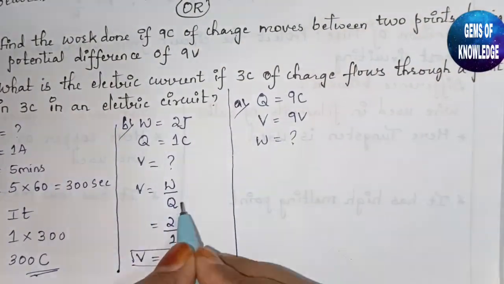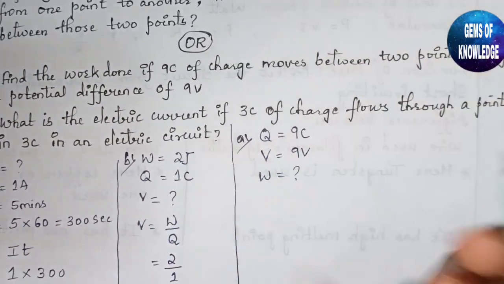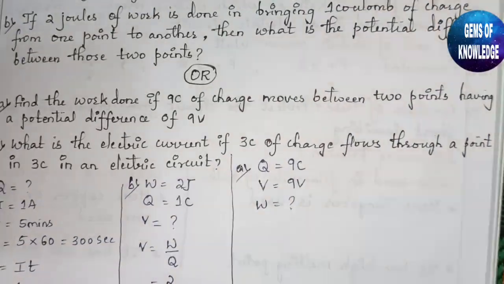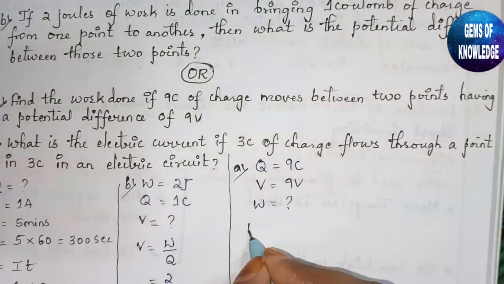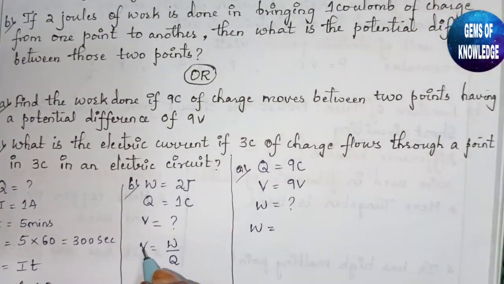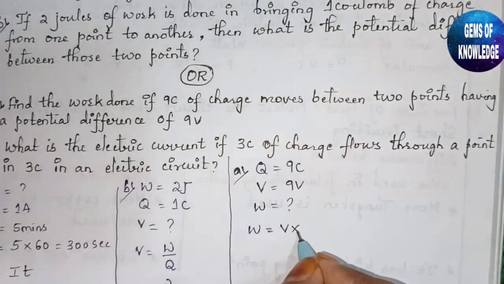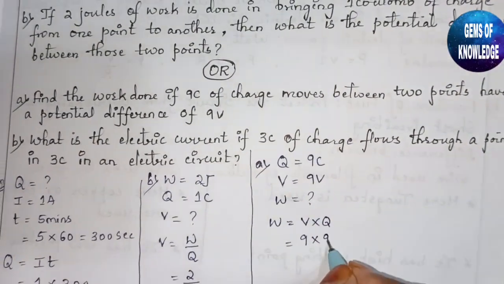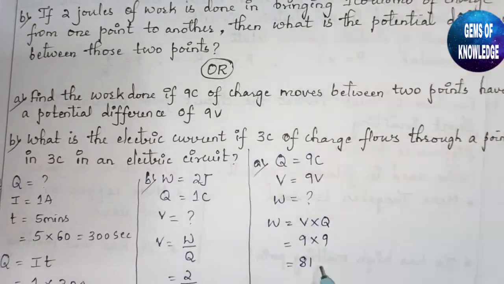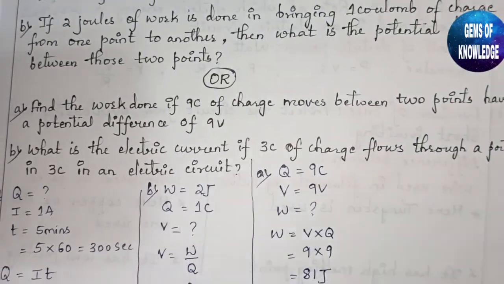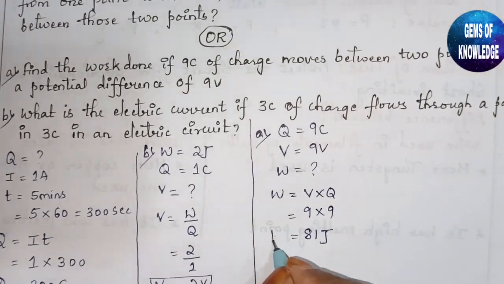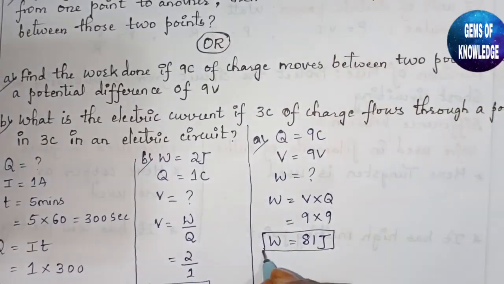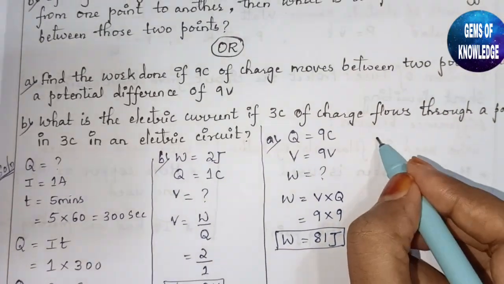With the same formula, but the numericals are different. If we bring this Q to this side, W will become V into Q. Just substitute 9 into 9. 9 nines are 81. Work done is always measured in joules. So work done is equal to 81 joules.